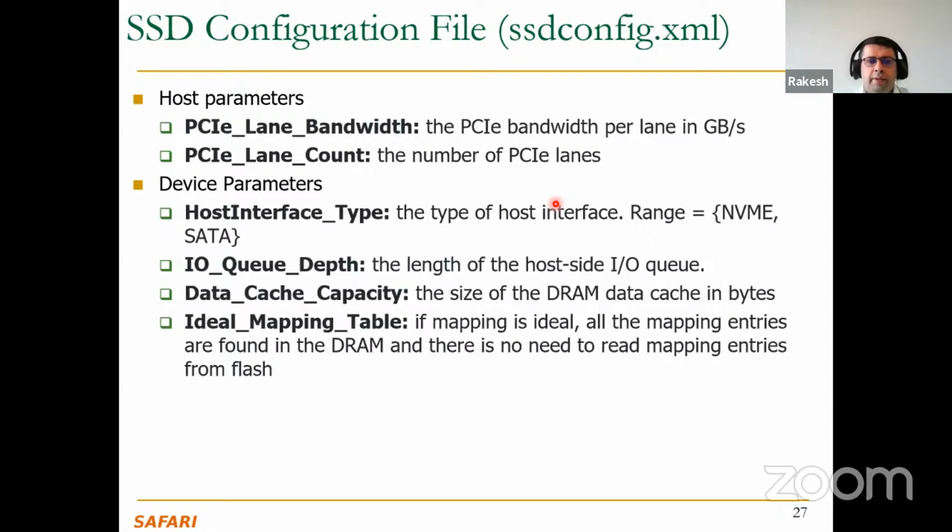Then we also have the option of ideal mapping table, which means that if it's ideal, all the mapping entries are found in the DRAM, and there is no need to read the mapping table entries from the flash. So which means a very large mapping table can be accommodated in the DRAM.